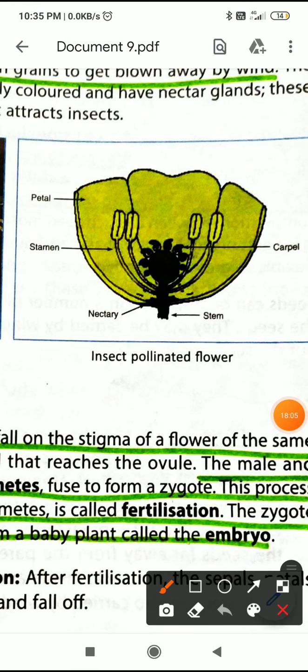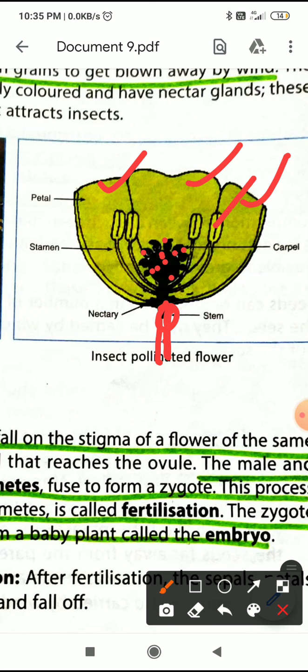What is here? See the petals. These are petals, and here is the stem, and that is the pedicel. It is attached to your stem because the stem is the attachment for the flower. And the carpel. Carpel is showing, that is the pistil. Stamen, and this is the anther.